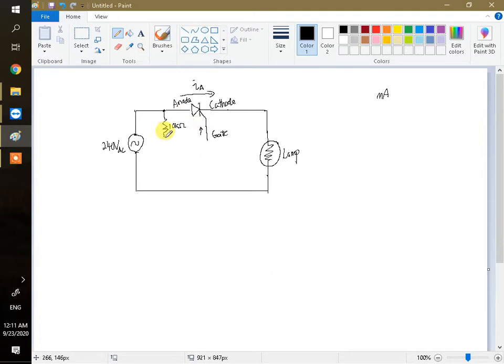And then here we add another resistor which we can adjust. This is a terminal here we can adjust.